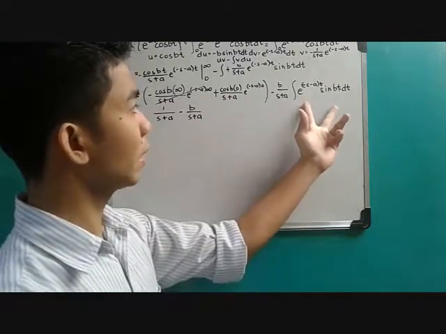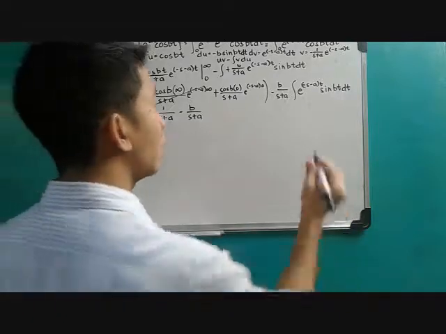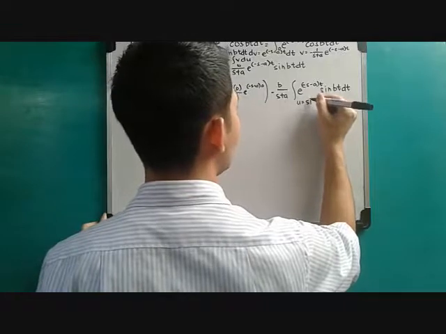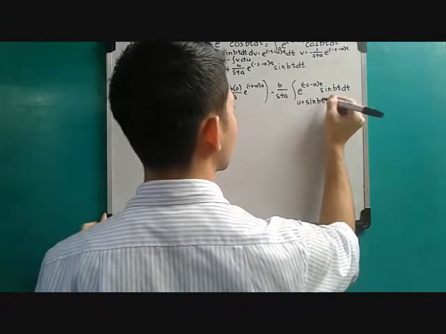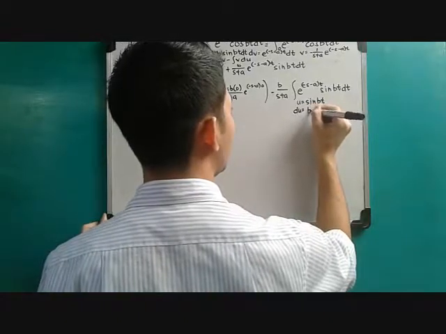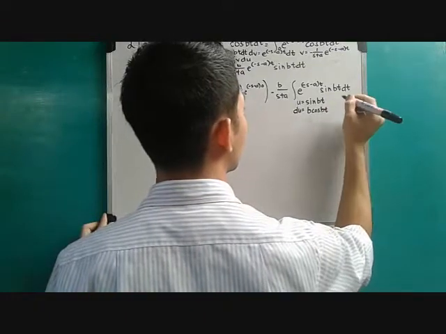Then, you solve this equation again using integration by parts. So, find u. Your u is equal to sine bt. The derivative of that is equal to b cosine bt.